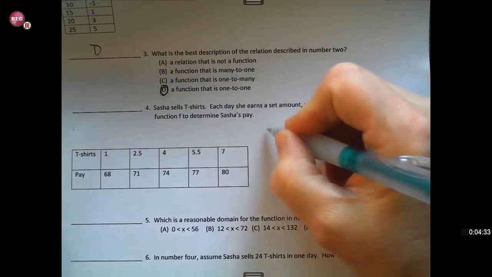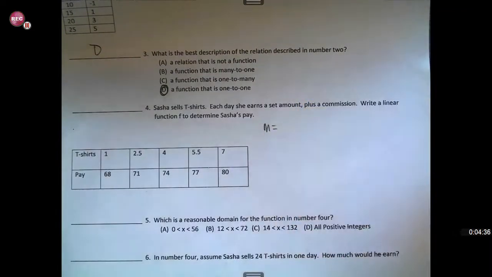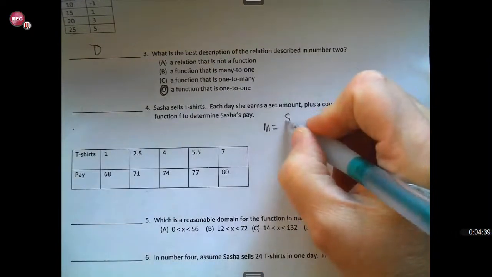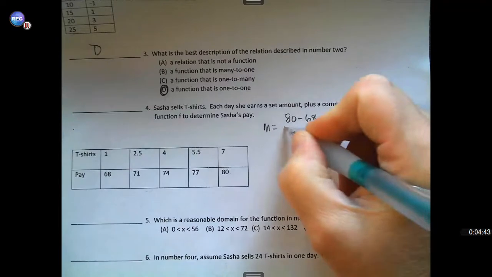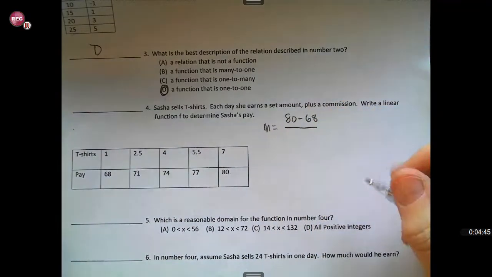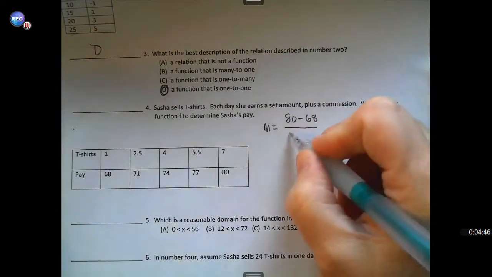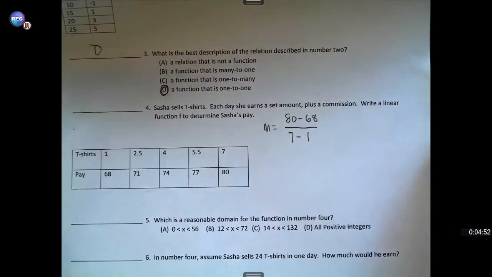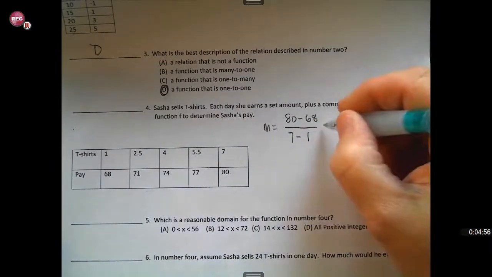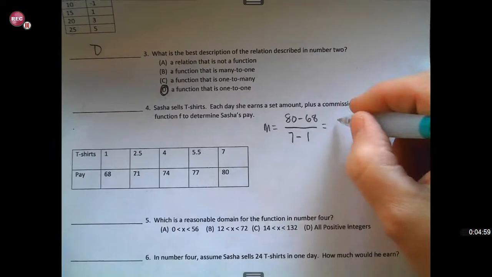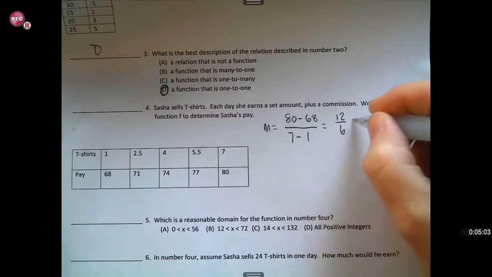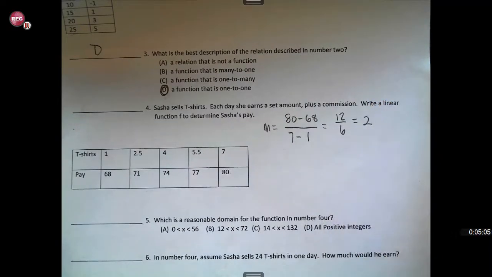The first thing I need to do is find the slope. Remember, I tend to use the first and the last data points, which is what I'm going to do here. So I take 80 minus 68, which is 12, and 7 minus 1, which is 6. So the slope is 2.